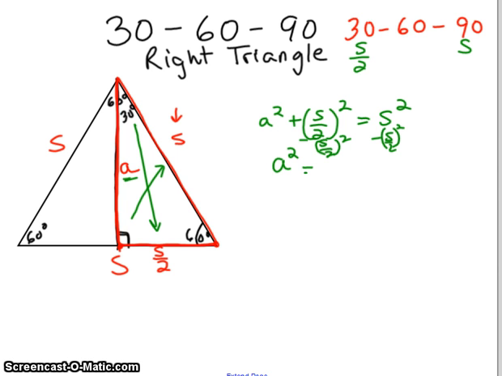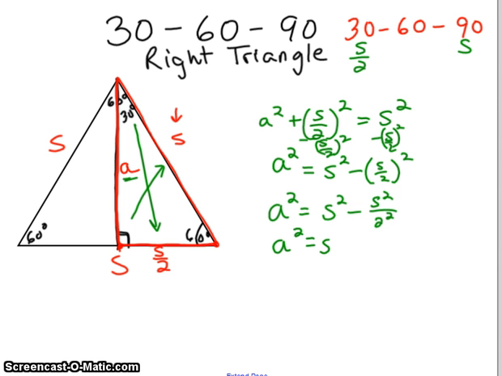So I get a squared equals s squared minus s over 2 squared. I'm going to simplify this now, so I have a squared equals s squared minus s squared over 2 squared, which is s squared over 4.